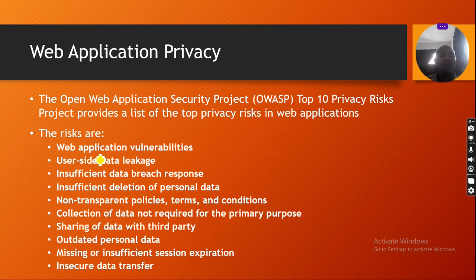The risks are: web application vulnerability is a risk, user side data leakage is a risk, insufficient data breach response is a risk. Then insufficient deletion of personal data is a risk. Non-transparent policy terms and conditions is a risk. Collection of data not required for the primary purpose is a risk.